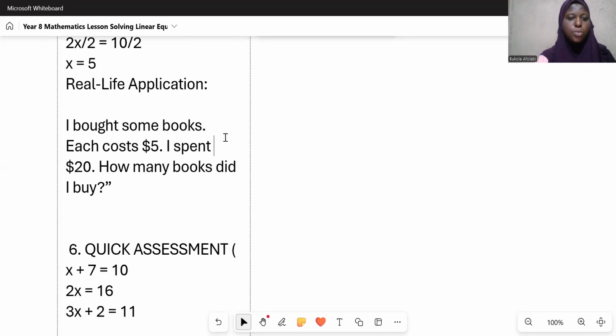I bought some books. Each cost $5. I spent $20. How many books did I buy? So now let's put this in an equation. The cost of each book is $5.